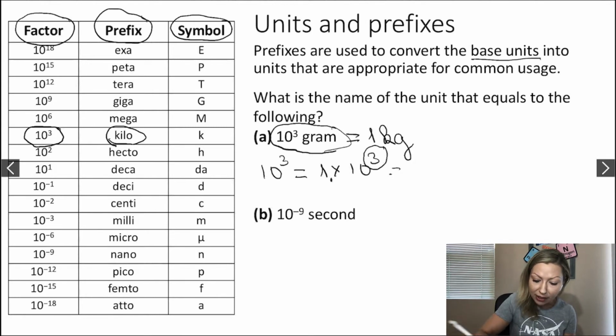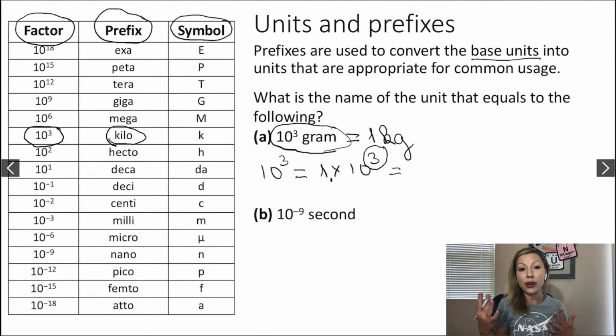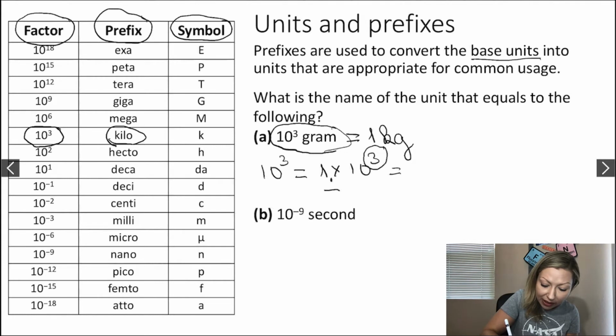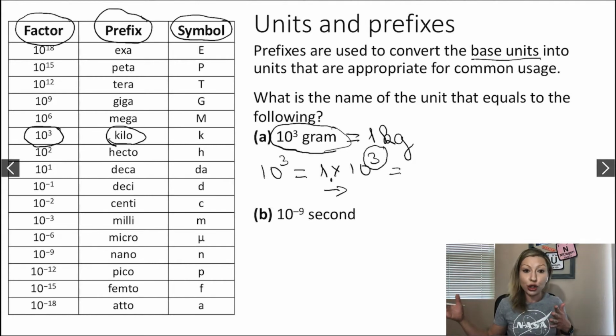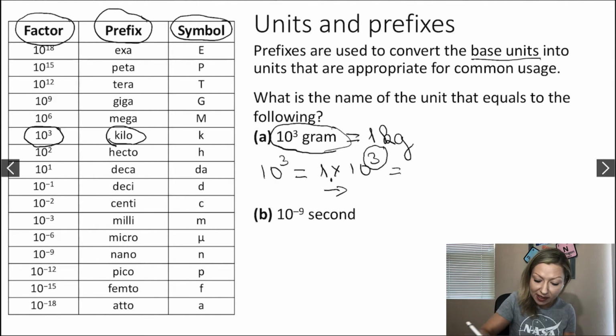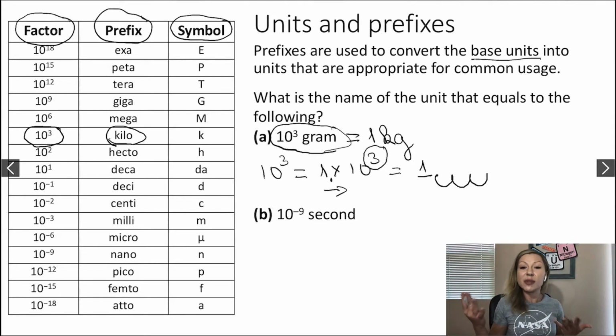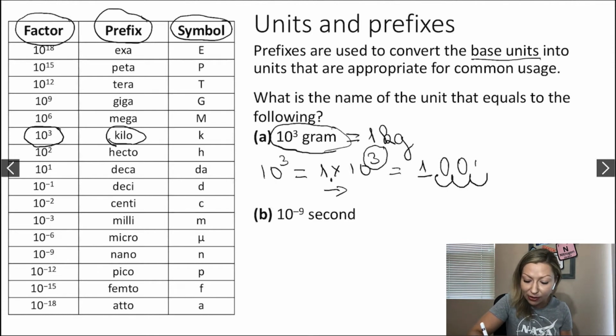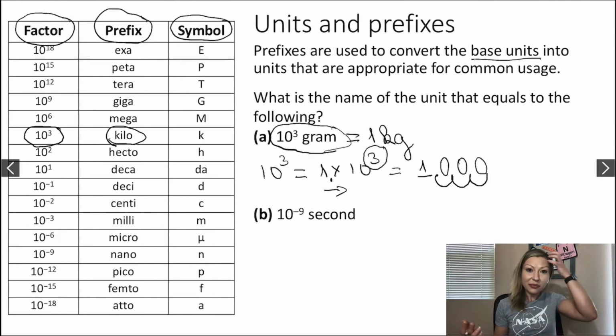So if the exponent is a positive number, I have to add the zeros and move the decimal place to this direction to get a larger number. So since it's 10 to the third and I have a 1, I would have my decimal point here, and I have to move by 3 places. 1, 2, 3. See that I'm not adding any numbers, because basically what I will add simply are just zeros, okay? So 10 to the third is just 1,000. All right.